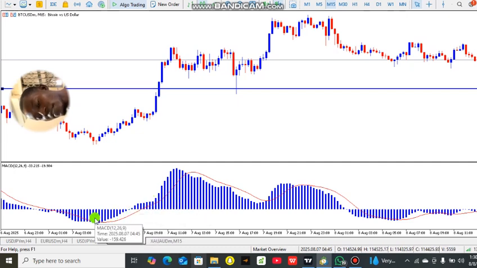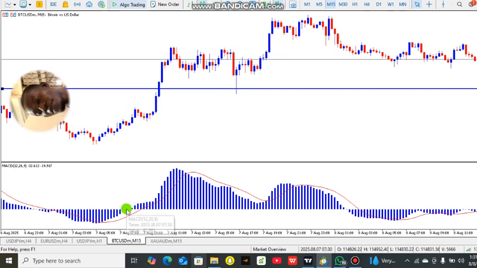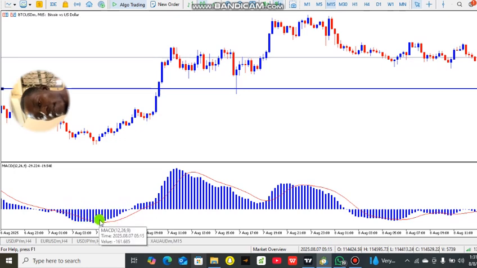So when MACD crosses above it, okay, then we say that MACD is positive, and so we look for opportunity for a buy entry. So even if the market is moving in a downtrend, or when the MACD is below the 0 line, and you spot that the MACD now has crossed above or is moving above the signal line, that is an indication that the market will start buying.